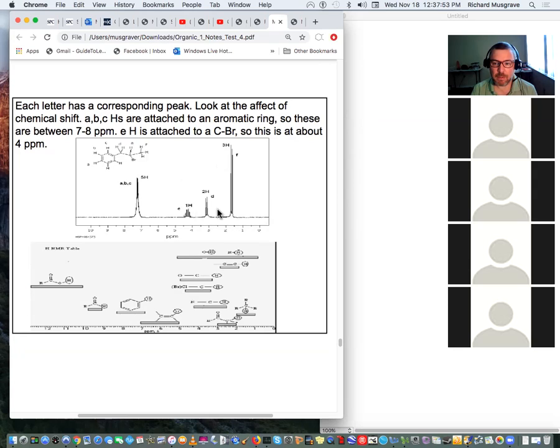Any questions so far? Yeah. Are the peaks in order? No, they're not. It all depends on the environment that they're in, Julie. Do you see the CH2 here? This one that I'm pointing at? It's kind of between the aromatic ring and the CH with the Br.